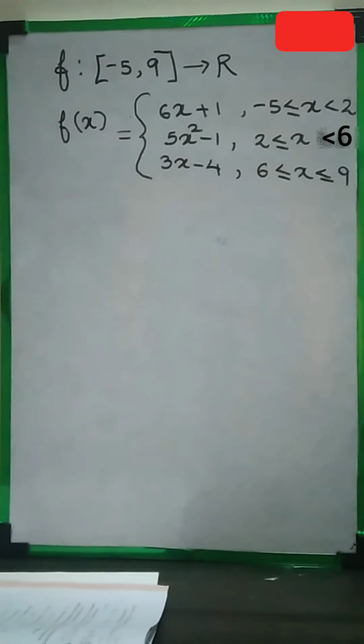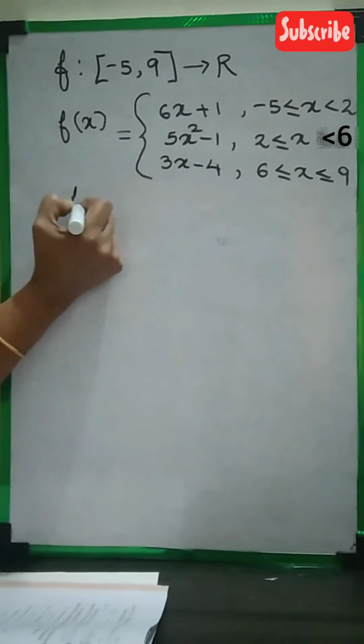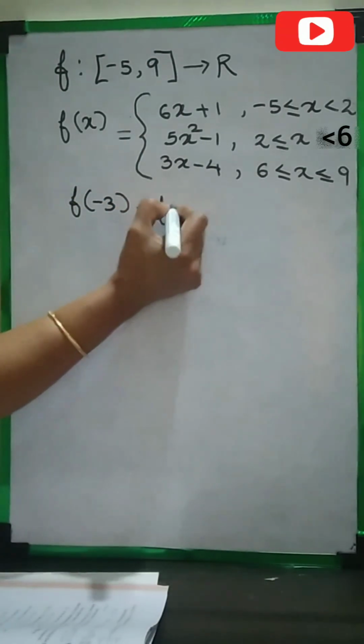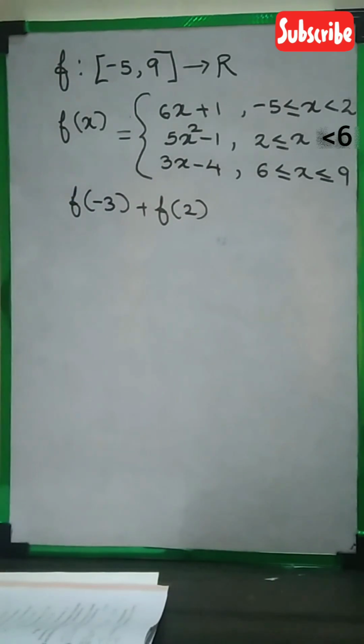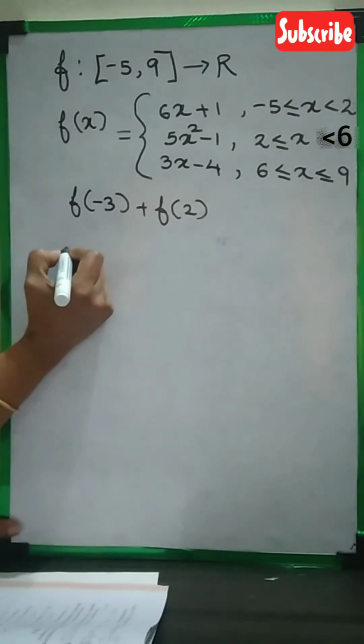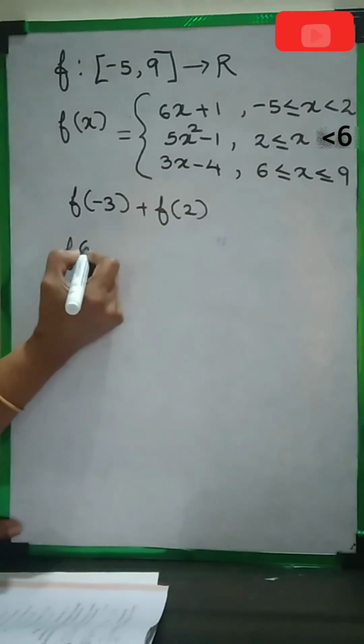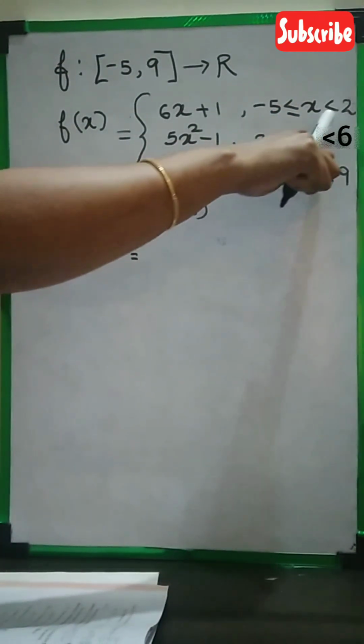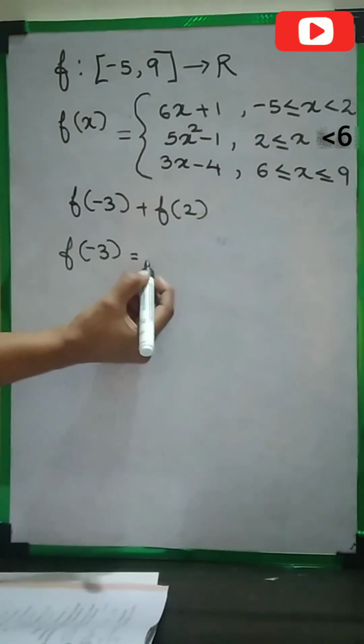Okay. So first என்ன கண்டுபிடிக்க சொல்லிருக்காங்க? f of minus 3 plus f of 2 கண்டுபிடிக்க சொல்லிருக்காங்க. Okay. So first நம்ம f of minus 3 என்னன்னு பார்க்கலாம். f of minus 3 is equal to minus 3 எந்த interval வரும்? The first one இல்லையா? minus 5 less than or equal to x less than 2 தான் minus 3 வரும்.